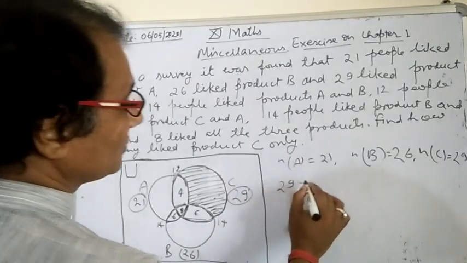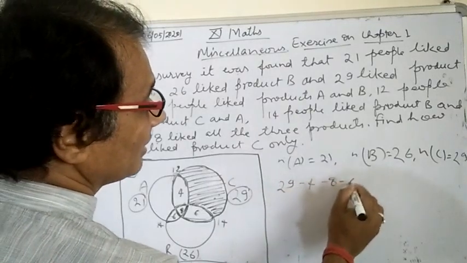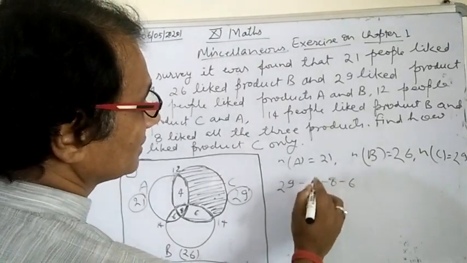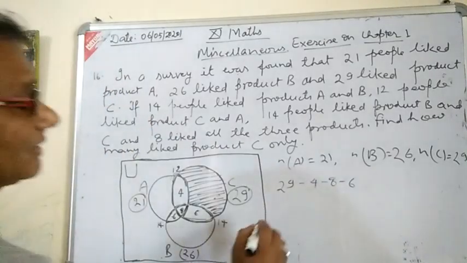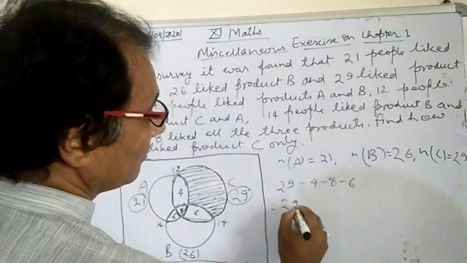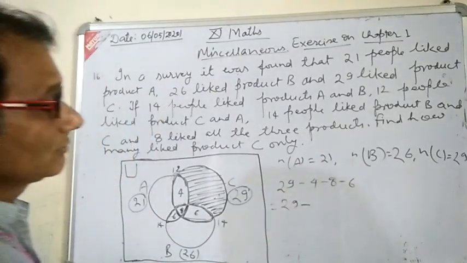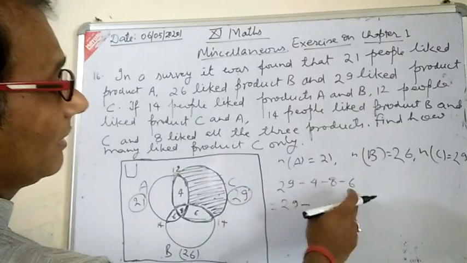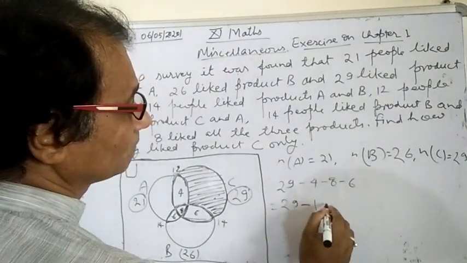If we solve it, 29 minus 14 and 6, 12 and 6, 18.